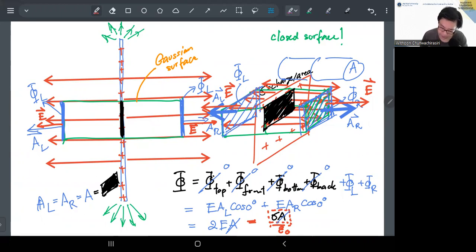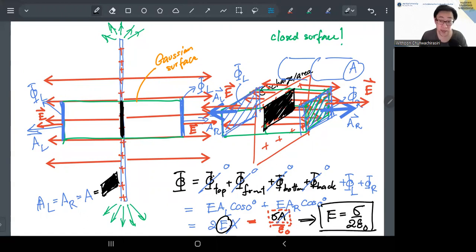From here, you can conclude: you leave E on the left and you bring the 2 to the right, E equals sigma over 2 epsilon naught. And that's it, guys. You have already completed how to calculate the electric field at a point away from a two-dimensional sheet of charge. So cool.